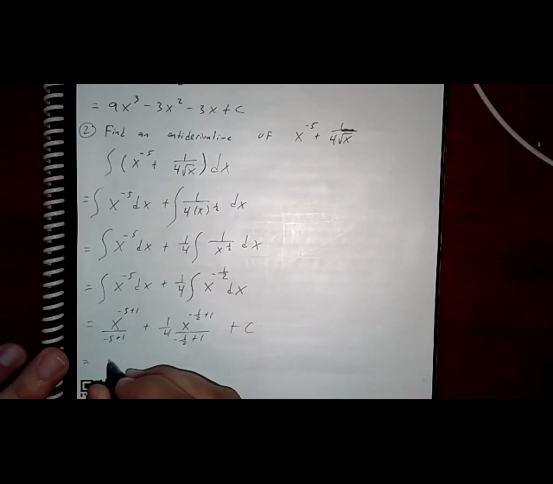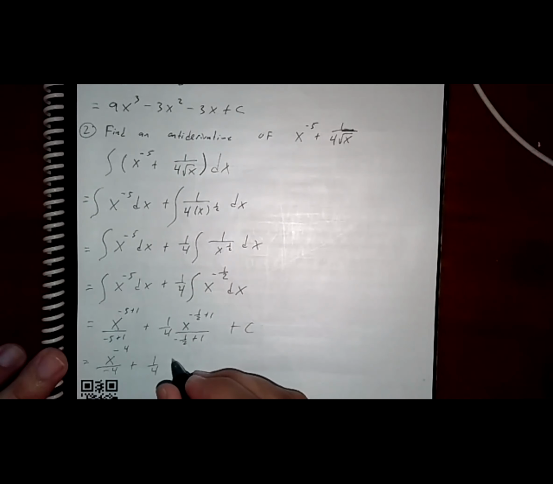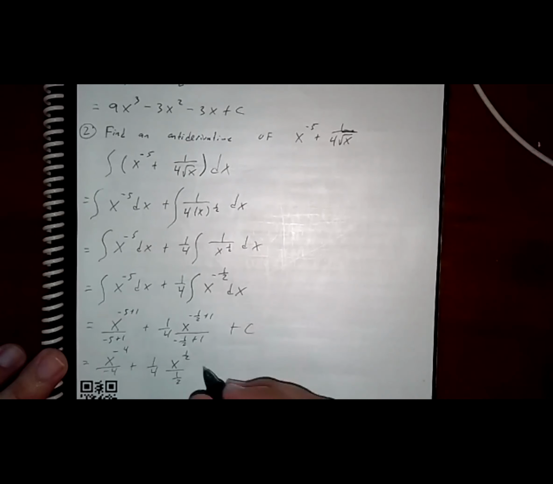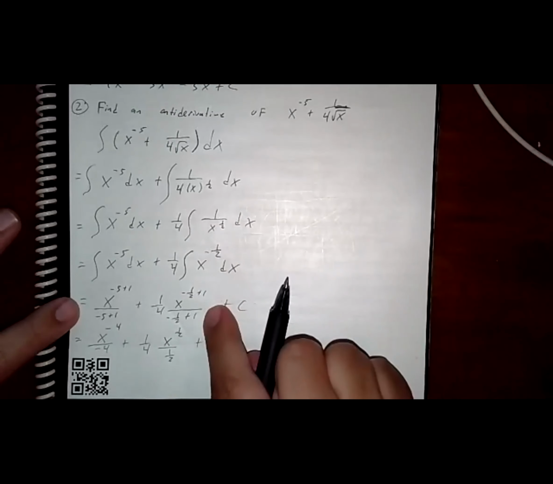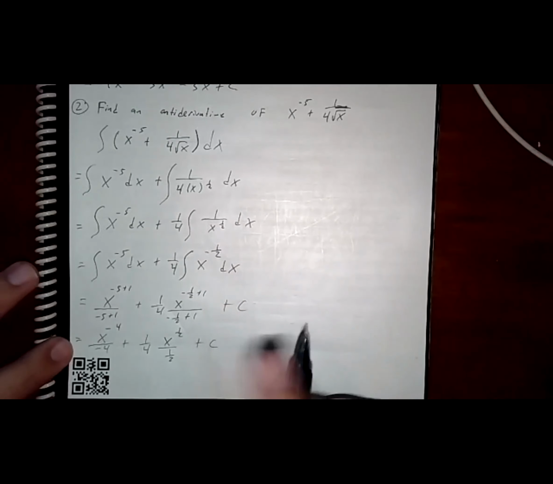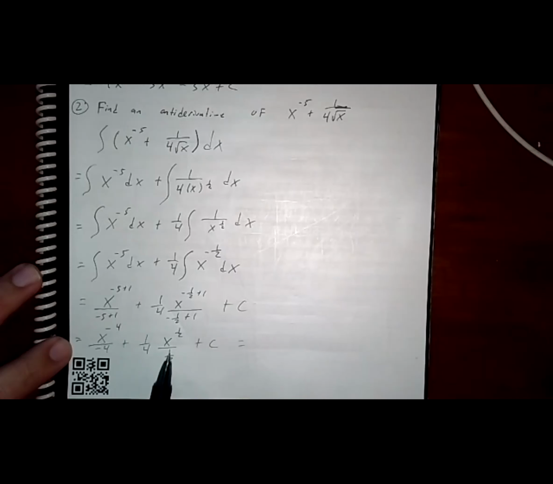So that will be x to the -4 over -4 plus 1/4 times x to the 1/2 over 1/2. So at this point, we're just doing algebra. This right here is the integral step. Now just make it pretty because right now it looks weird. Flip that guy and multiply because it's a divided by half, so that means multiply.